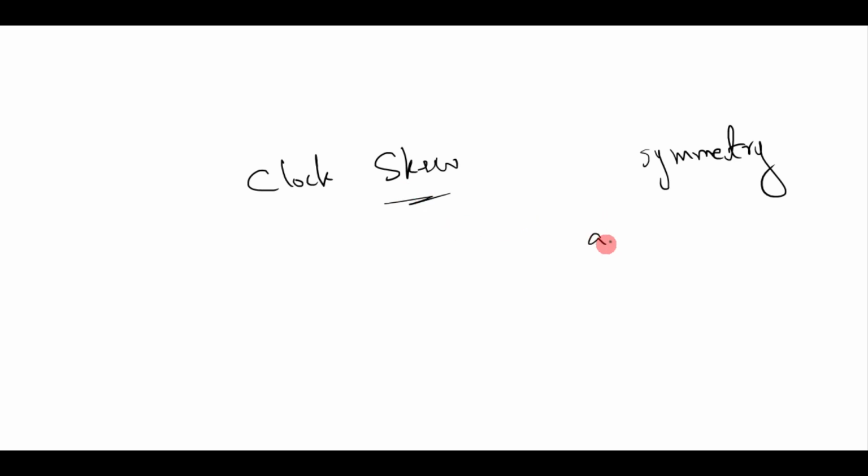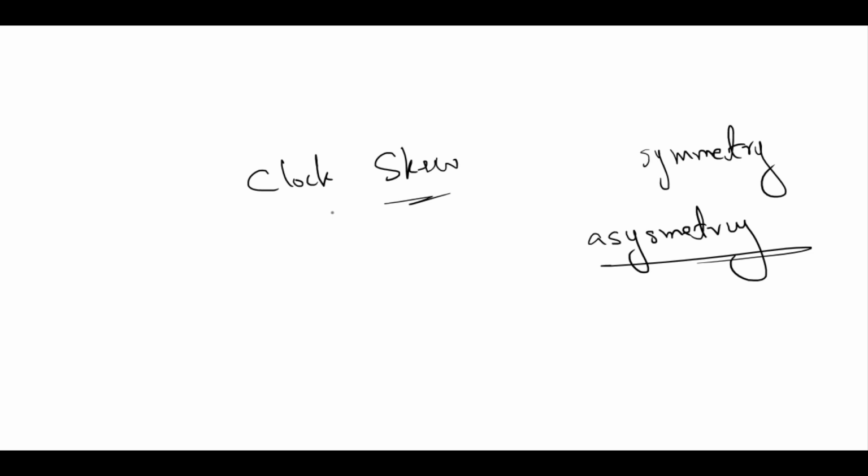Skew is a measure of asymmetry. So the clock skew refers to the condition that active edges of the clock do not occur at exactly the same time at every flip-flop of your state register.